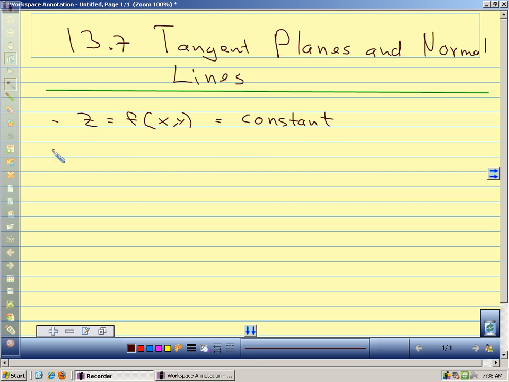If we have some function of x, y, and z, and this equals a constant, this is a level surface.